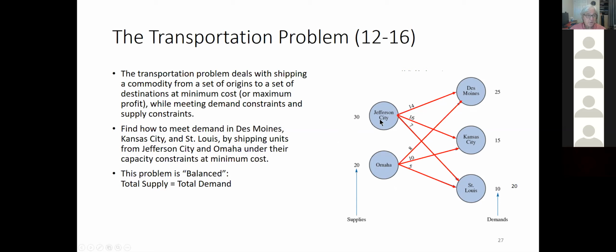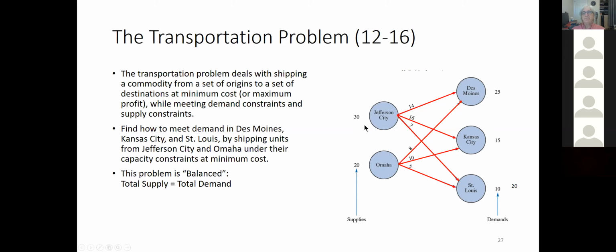Maybe the plant is working 3 shifts a day and the other only 2 shifts. Anyway, the capacity here is 30, capacity here is 20, which is the maximum that can be shipped from each city out. There is a demand for the item in each one of the cities. In Des Moines, 25, Kansas City 15, St. Louis 10.